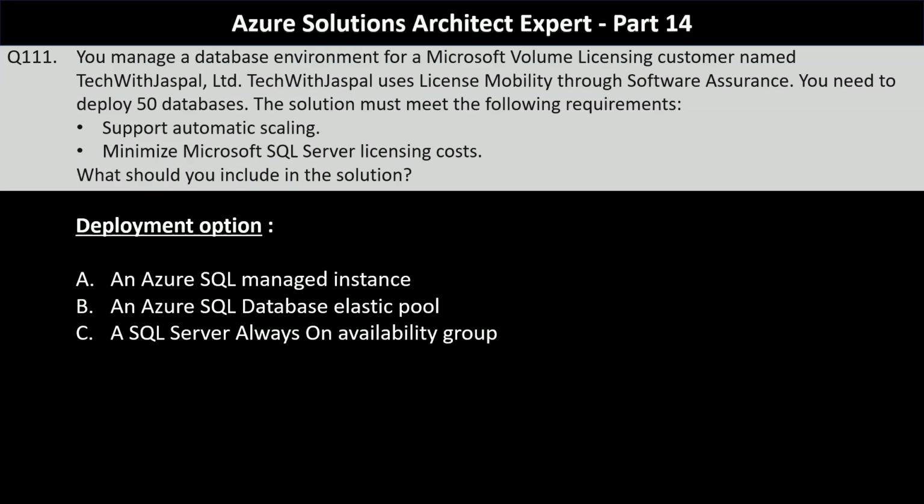And your options are an Azure SQL managed instance, an Azure SQL database elastic pool, a SQL server always on availability group. Friends, Azure SQL Database Elastic Pool should be chosen as a deployment option as they are simple, cost-effective solution for managing and scaling multiple databases that have varying and unpredictable usage demands.